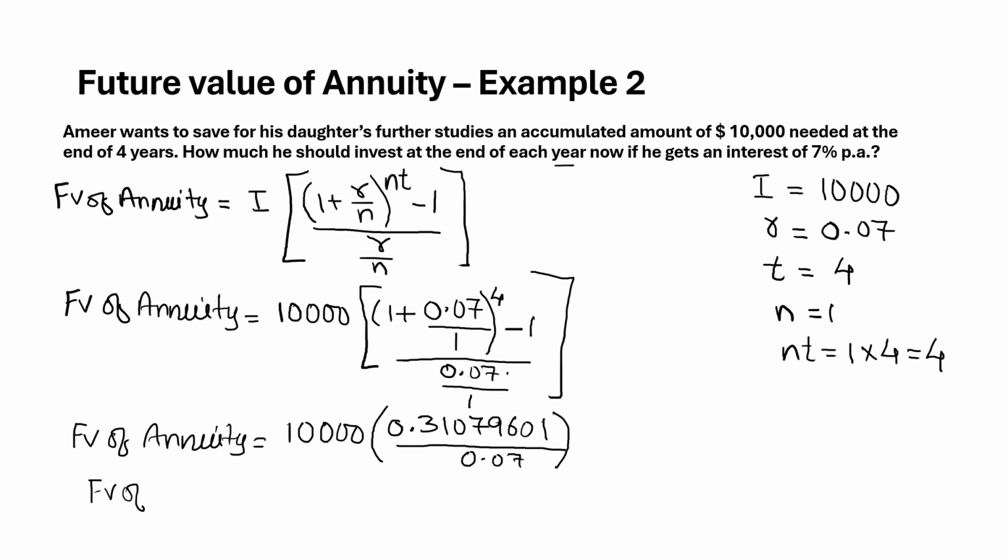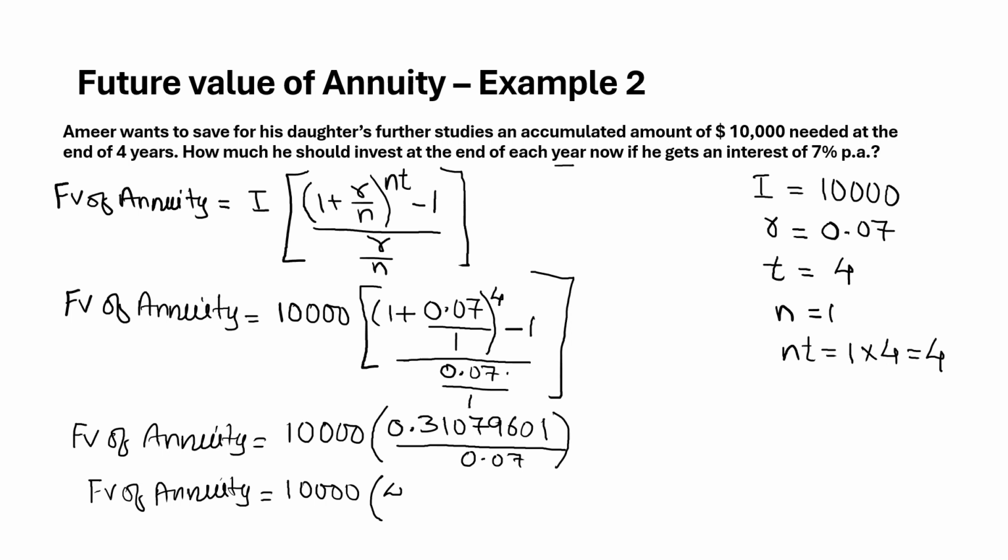What answer do we get now? Future value of annuity is equal to 10,000, the same amount, multiplied by 0.31079601 divided by 0.07.